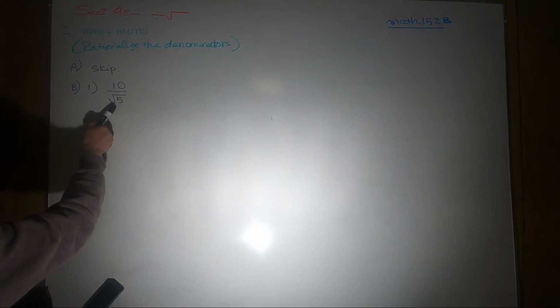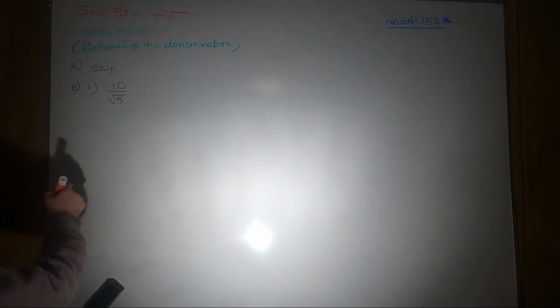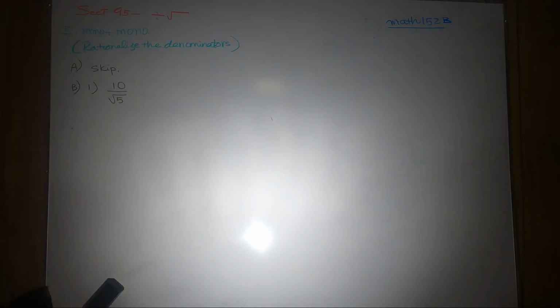The denominator is a crazy number, an irrational number. So we want to make it without radicals. That means it would be rational numbers. So then we call it what? Rationalize the denominator.